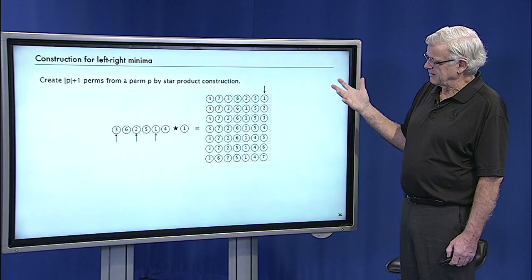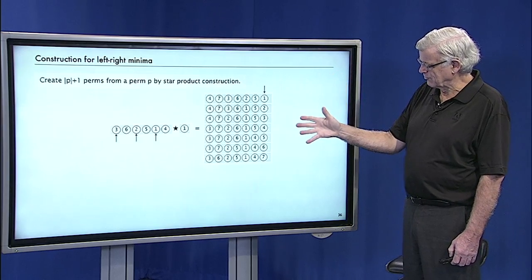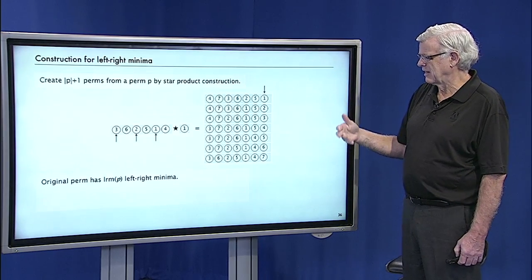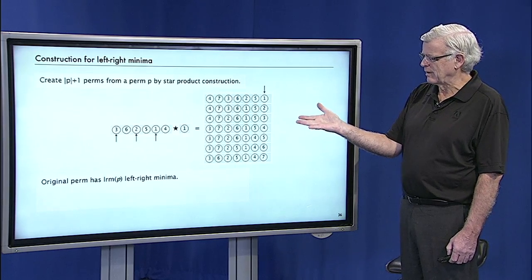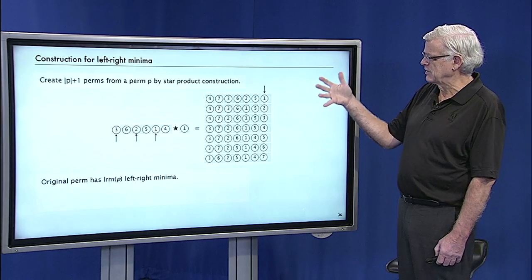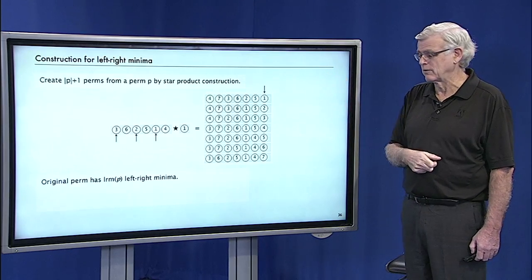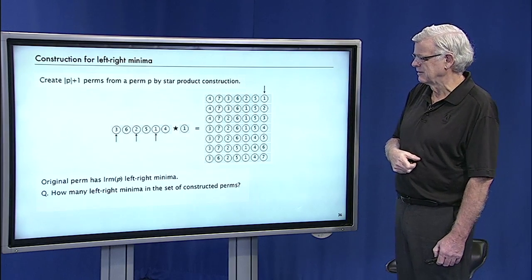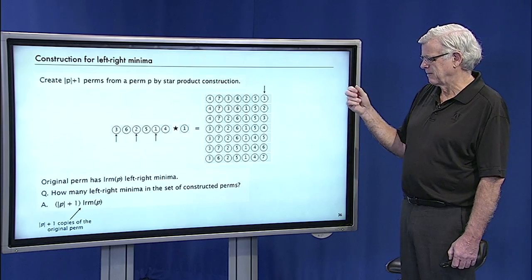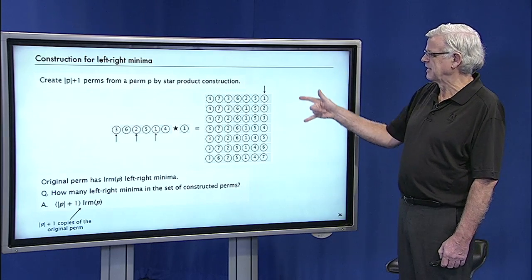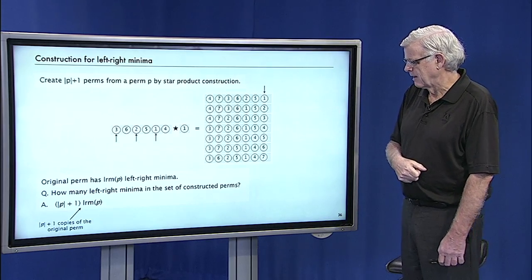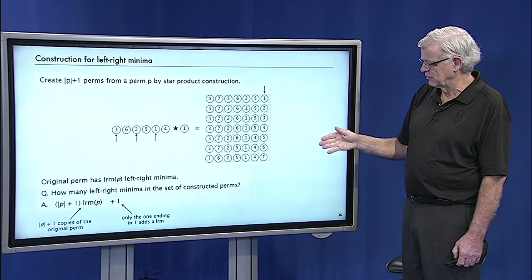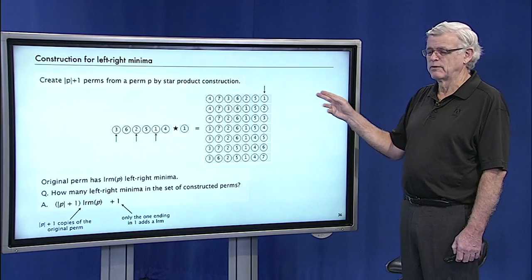So that construction and that observation tells us, if we know the number of left to right minima in the original permutation, we know the number of left to right minima in all the permutations that we constructed. There's p plus 1 of them, and every one of them has the same number of left to right minima as p did. So those copies, and then there's one extra one, the one that ends in 1.